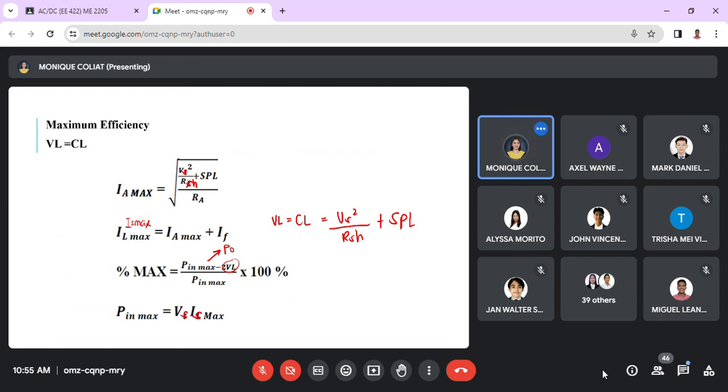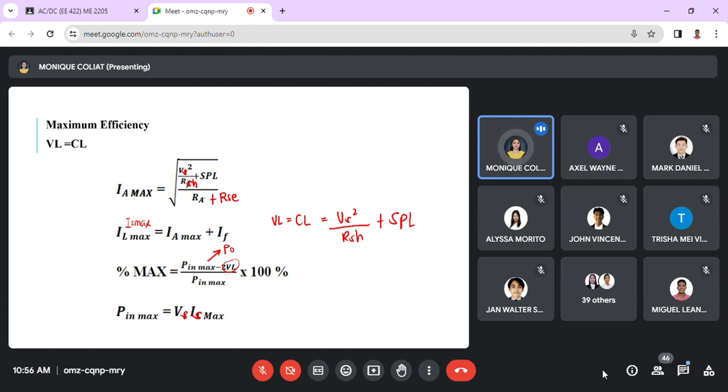Again, RA is based on what type of motor you have. Meaning, if there is a resistance in series with RA, you will add it here. Just add it, let's say RSC and so on.